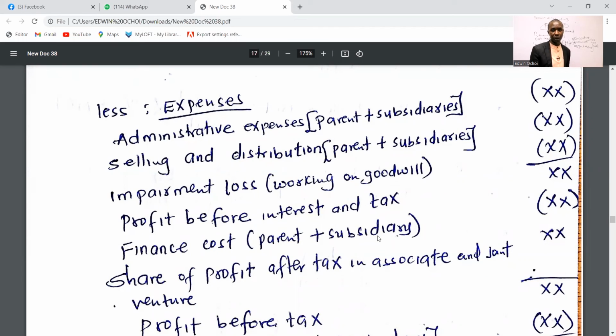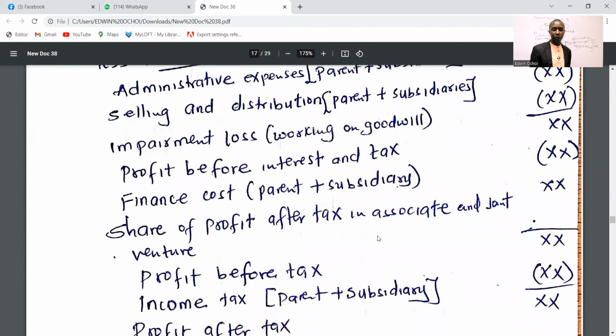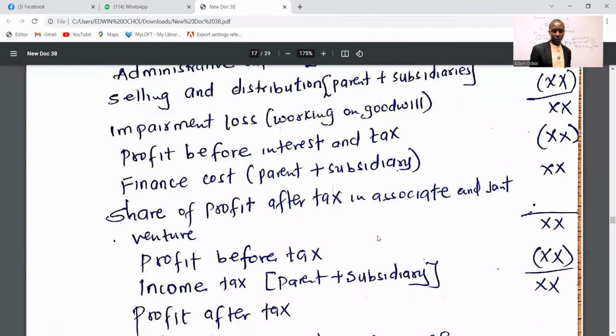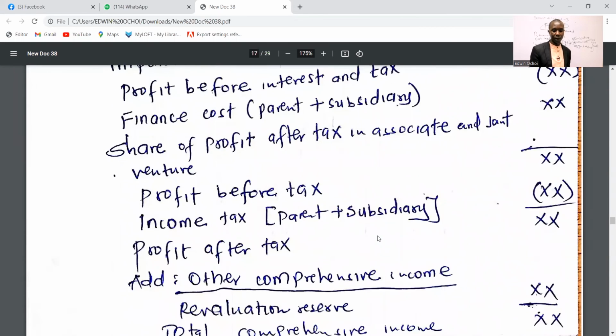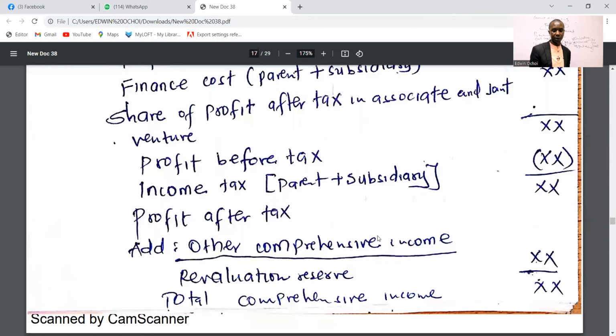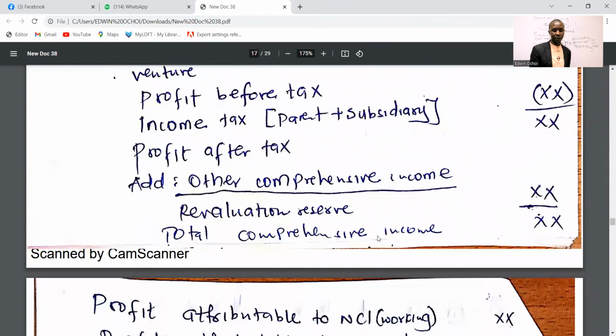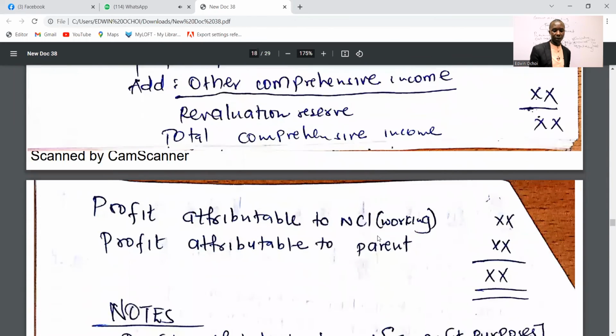If it's in the associate, you take 30% of that profit after tax, that is an income to the parent. Profit before tax, so you minus the income tax of the parent and subsidiary, you get profit after tax, you add other comprehensive incomes, e.g. revaluation reserve, total comprehensive income you get there.